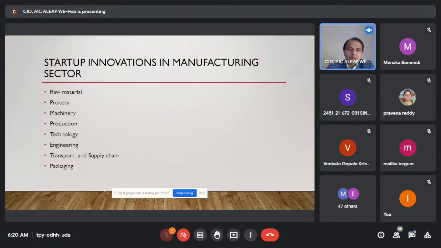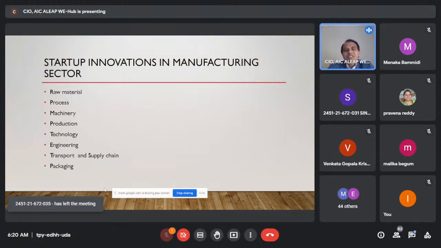To commercialize your product, you have to make your innovations, and that should come up into a company where you become a startup. You can do innovations in raw material, in the process, in manufacturing machinery, in the production process, in technology, in engineering, in transport, in supply chain, and even in packaging.